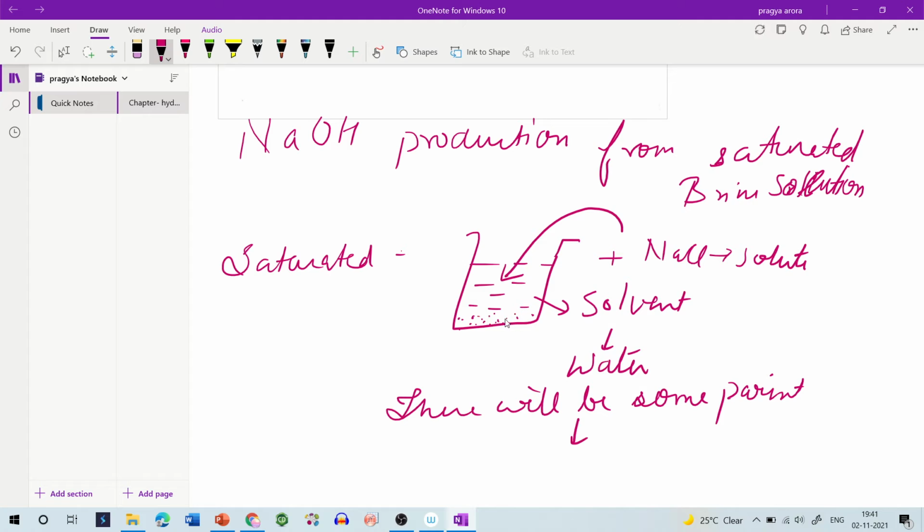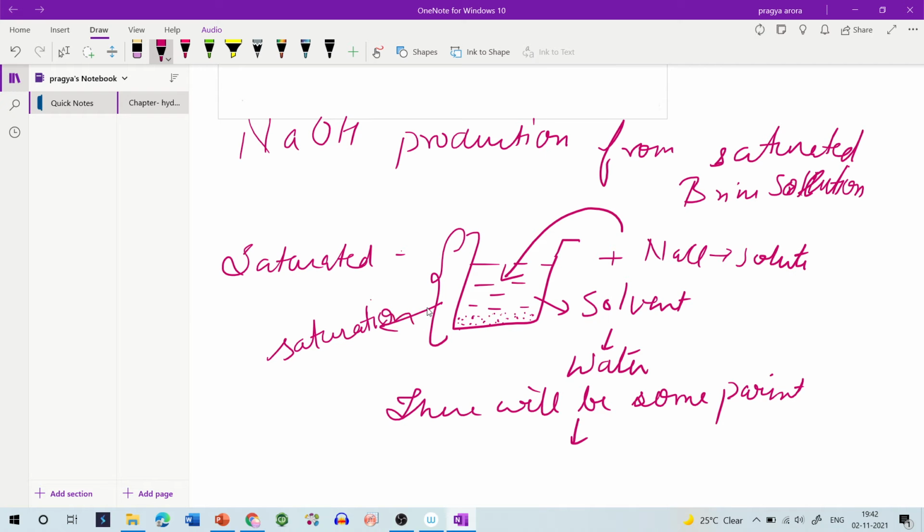At that point, when the solute is not soluble in the solvent, it has attained the maximum solubility. That means the solvent has occupied the maximum amount of solute, and it cannot dissolve more than that, and further addition of solute settles at the bottom. It is not getting dissolved in the solvent. This type of condition is called saturation.